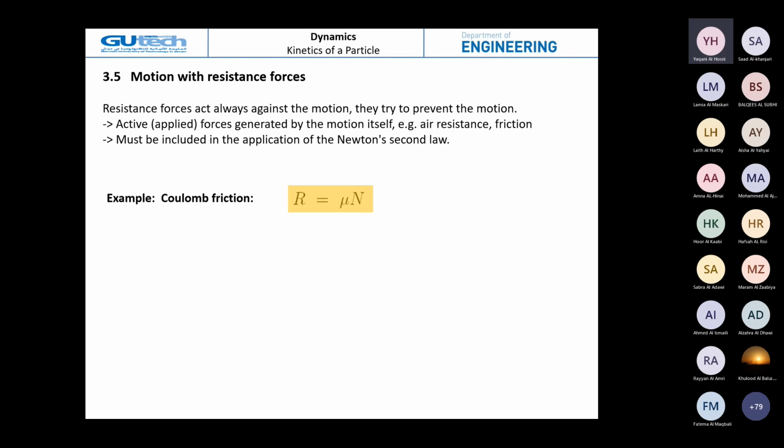That means the resistance force tries to stop the motion, to prevent the motion. There are the active forces, which are the applied forces, and the forces generated by the motion itself, such as resistance, friction, and so on, must be included in the application of Newton's second law.